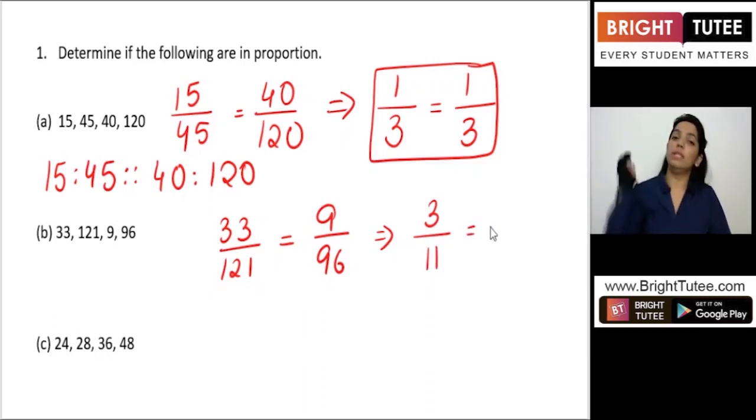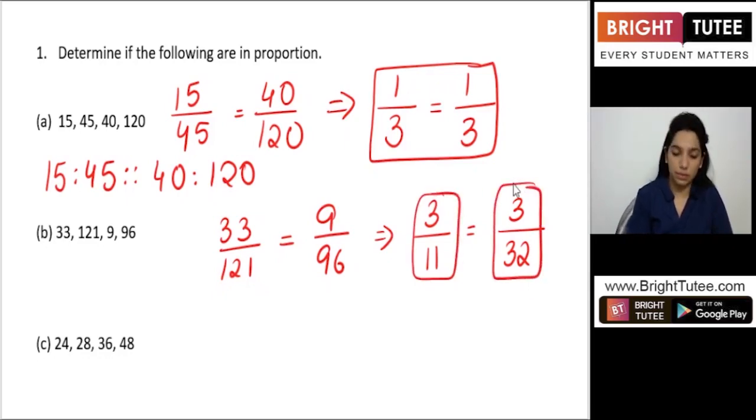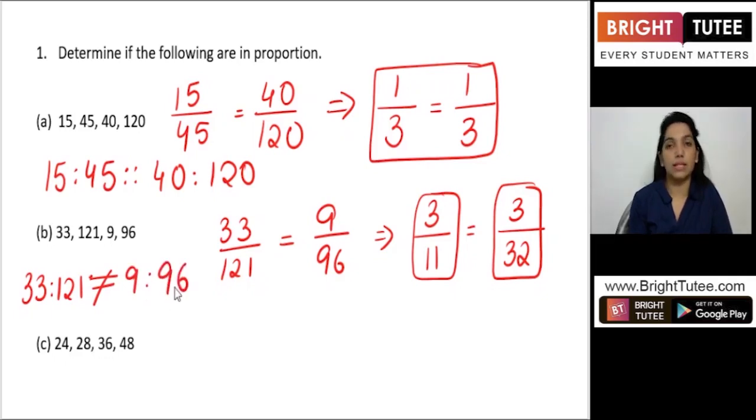We can divide both these numbers by 3. So here 3 comes at the numerator and at the denominator we get 32. Now clearly we can see that these two fractions are not equivalent fractions. So the ratios are not the same. Thus we can say that 33 is to 121 is not in proportion with 9 is to 96.